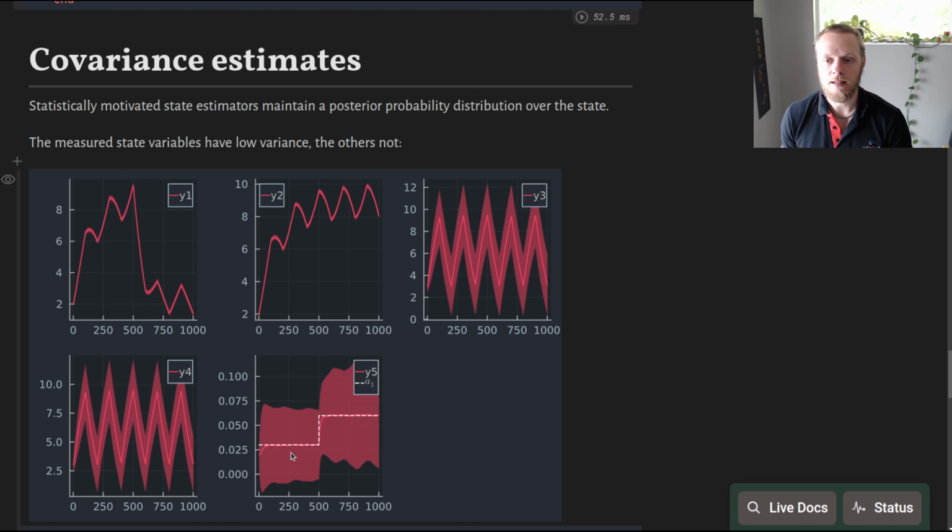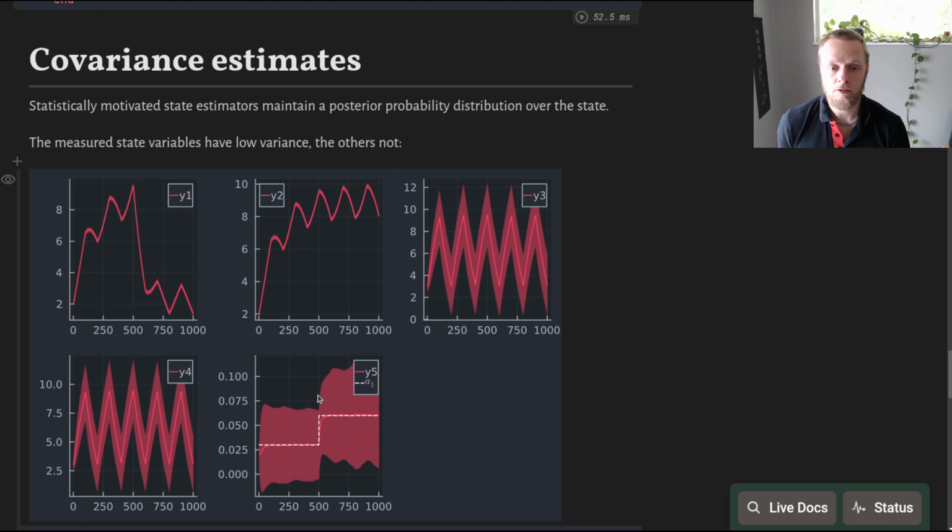And that means that the measurement we obtain of these 2 tanks is not all that informative of the uncertain parameter, but it's not completely uninformative. We don't have an infinite covariance here, right? If we would see this covariance just grow over time, that's an indication that our measurements are not informative enough to actually allow us to estimate this parameter.